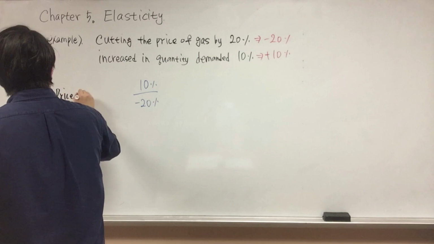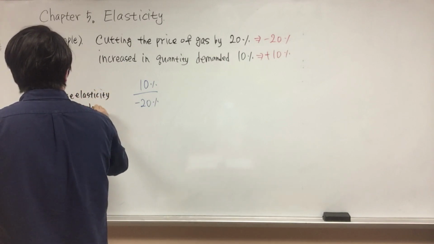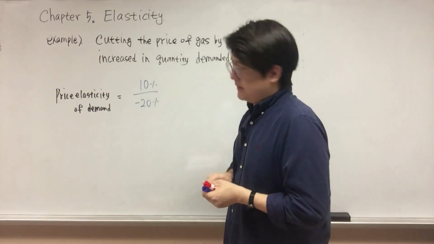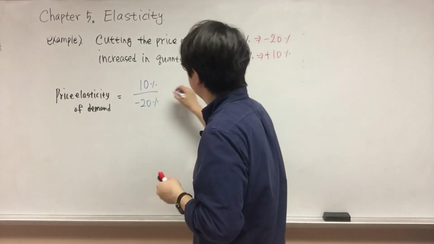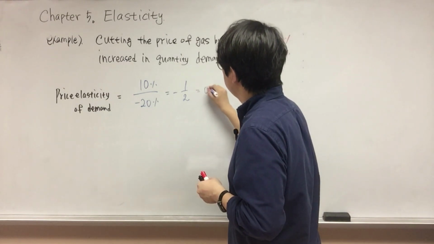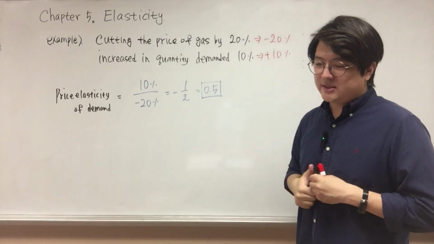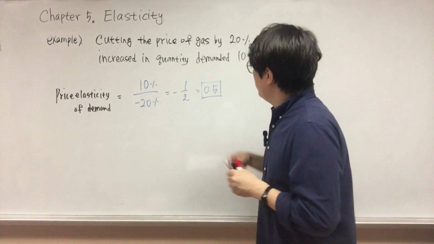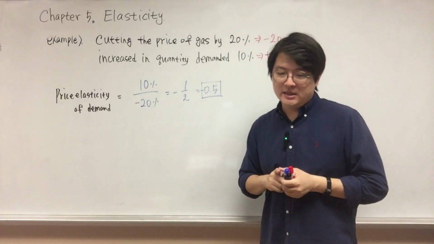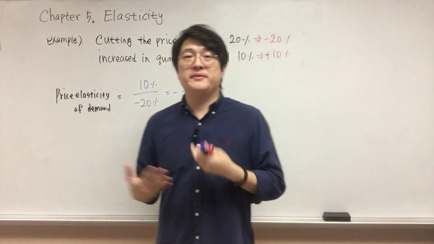What is that? Minus 1/2, so it is minus 0.5. So the price elasticity of demand is minus 0.5.